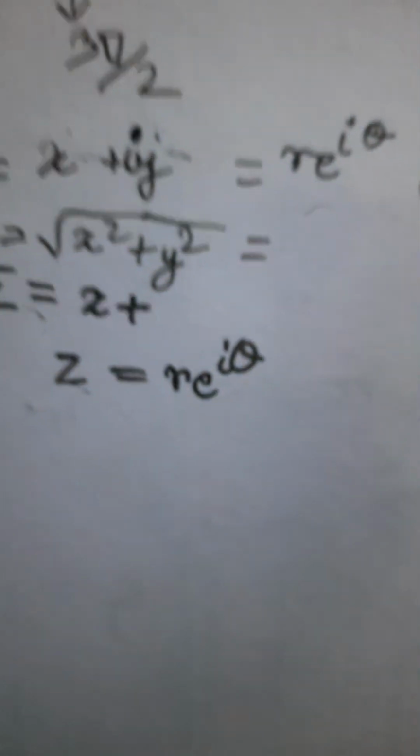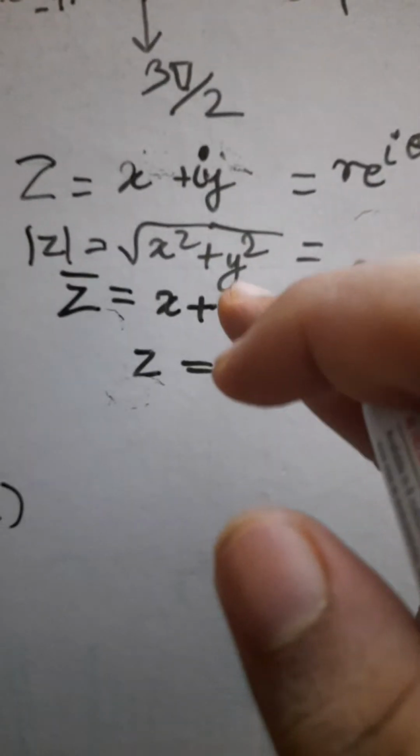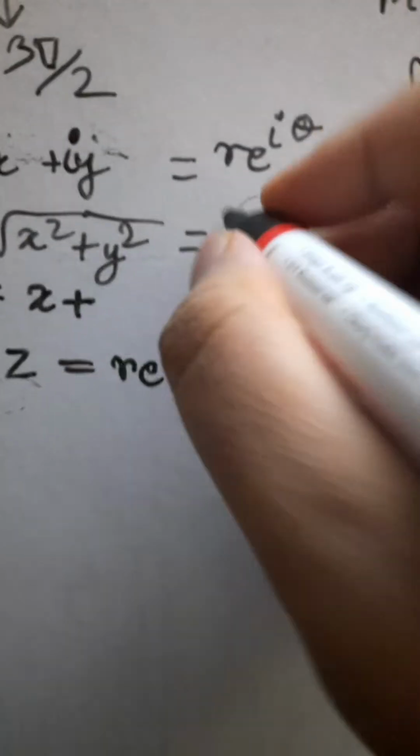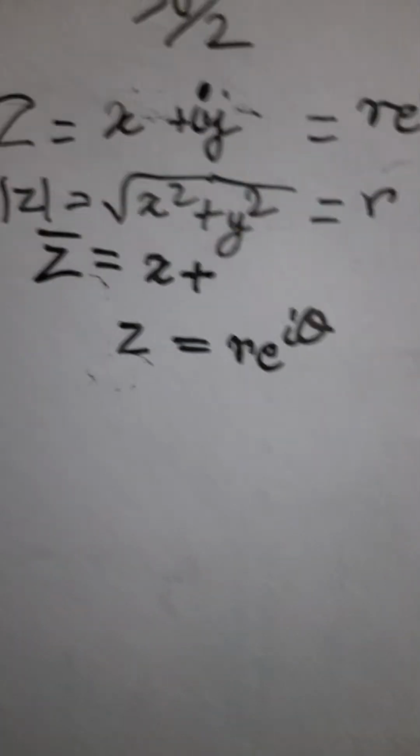Wait a second, this is totally wrong. z equal to x plus iy, equal to r e raised to i theta. Mod z equal to root of x squared plus y squared is equal to r. I'm really sorry, I made a huge mistake. Sorry for that. You got that? I hope so.